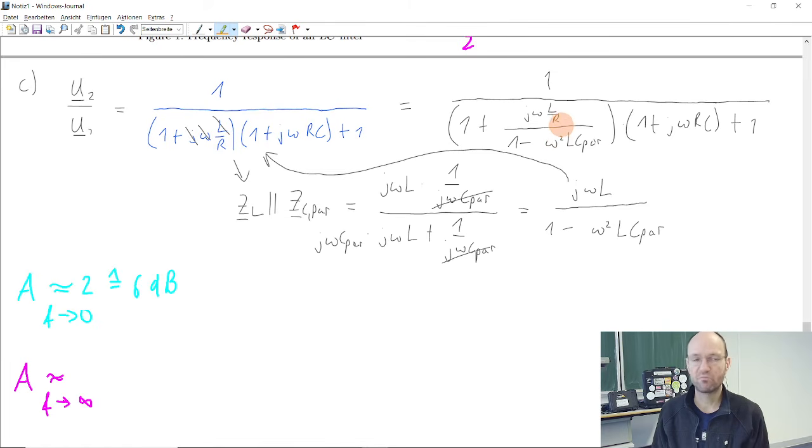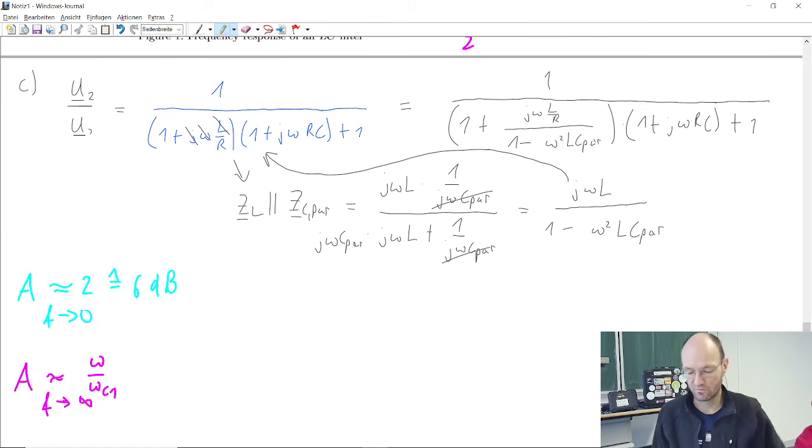So we have 1 plus or minus 0 is 1, and 1 times this remaining term is this remaining term. So we get something that is just proportional to omega, something like omega divided by omega C. I don't know what this corner frequency here was.